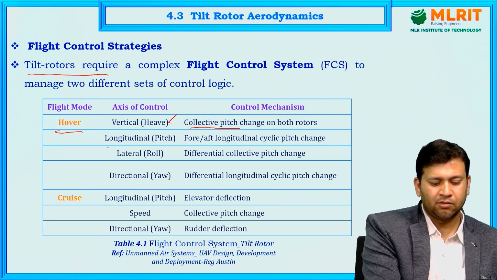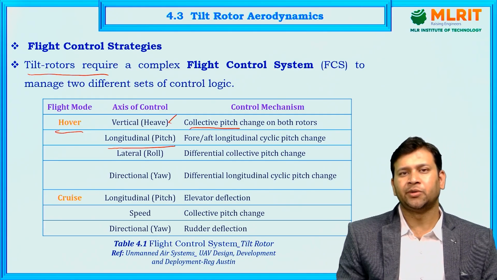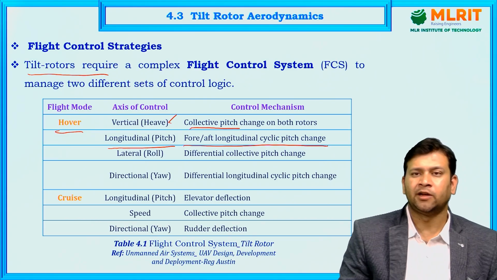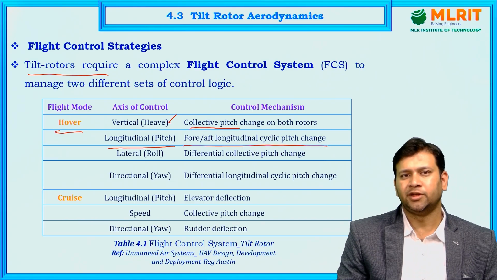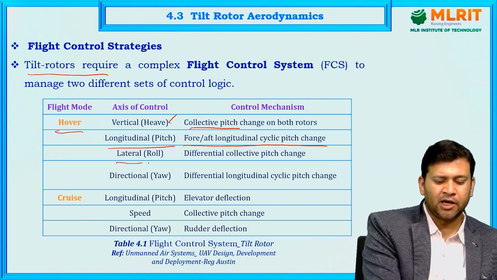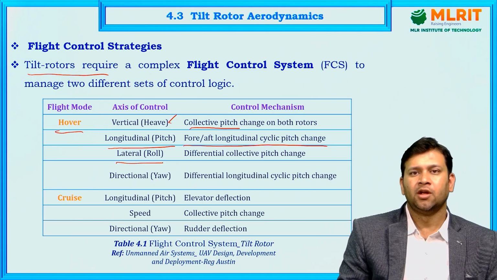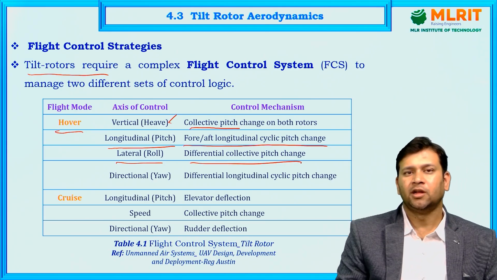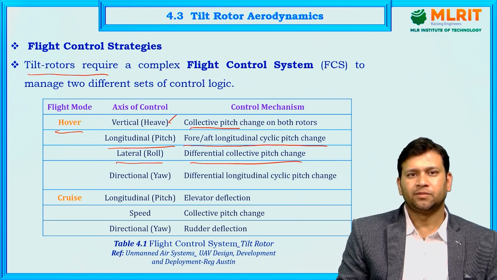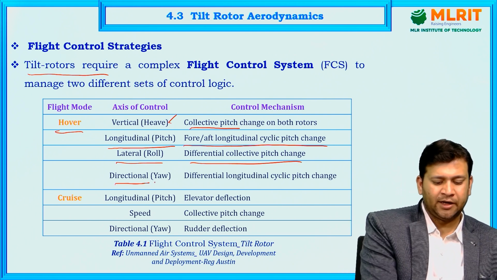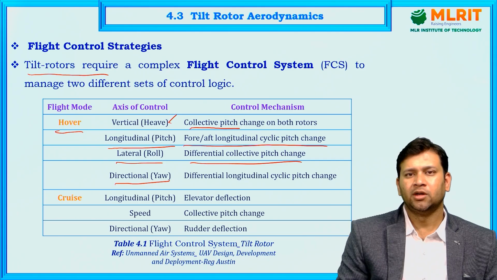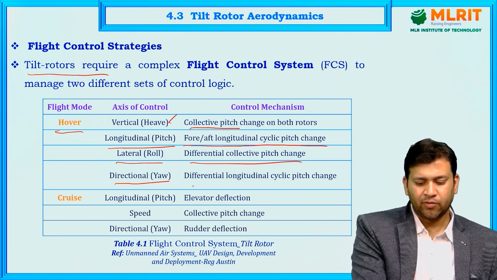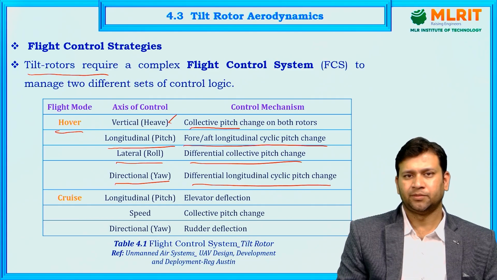Then we have pitch, that is the longitudinal axis. The fore and aft longitudinal cyclic pitch change mechanism is used here. Then in the lateral direction, that is roll, differential collective pitch change helps to obtain this lateral mode. For the directional or yawing mode, a differential longitudinal cyclic pitch change control mechanism is used.